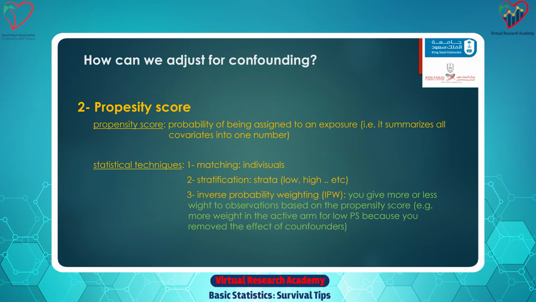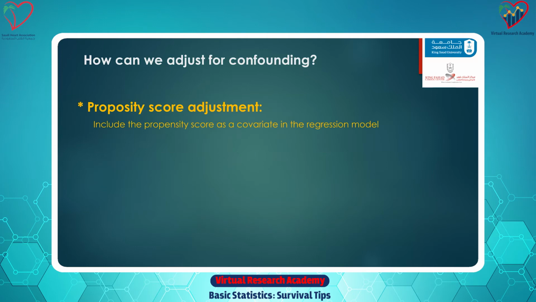Now, the software will do all this complicated math, but the idea is that you give more weight or less depending on the propensity score. There's one combined technique where you do the propensity score and then you use it as a covariate. Once you get this number as a score, you say, this is a covariate, really. You deal with it as if it's hypertension or old age, and you add it to the regression model.